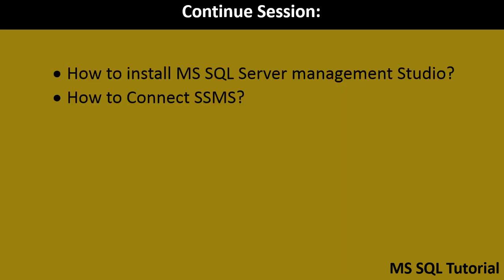In the next video, we'll continue with how to install Microsoft SQL Server Management Studio, and also learn how to connect SSMS. Thank you for watching this video. Have a great day.